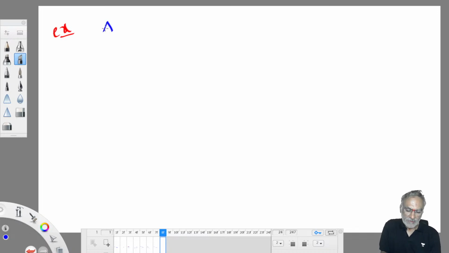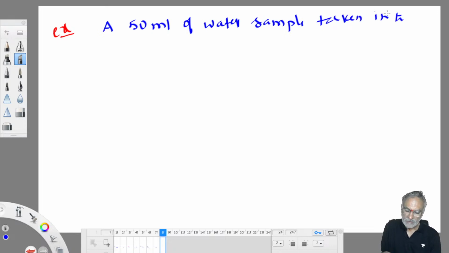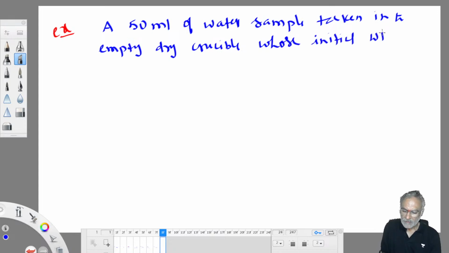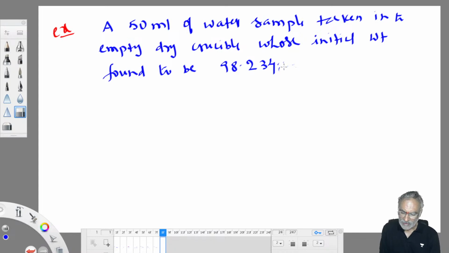A 50 ml water sample is taken into an empty dry crucible whose initial weight is found to be 98.234 grams. Just to give you an idea how to work out problems.